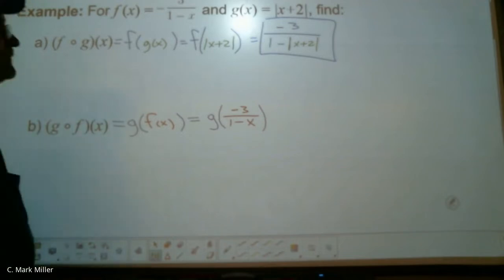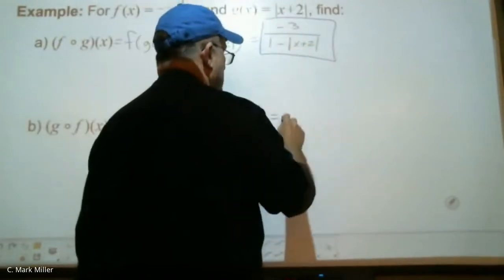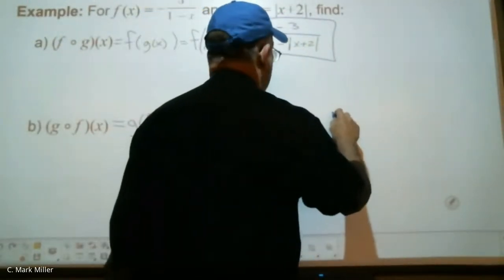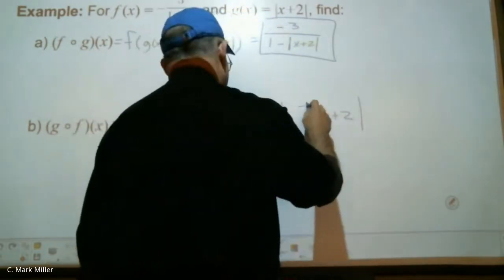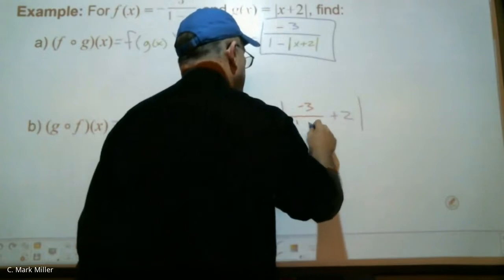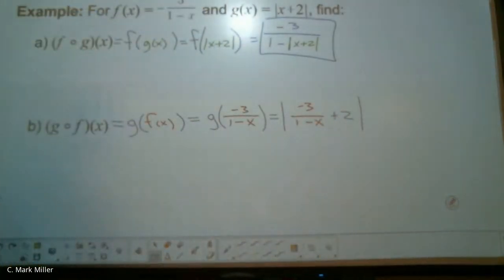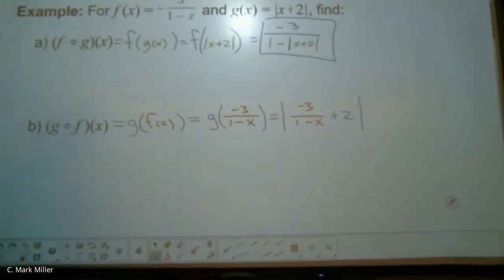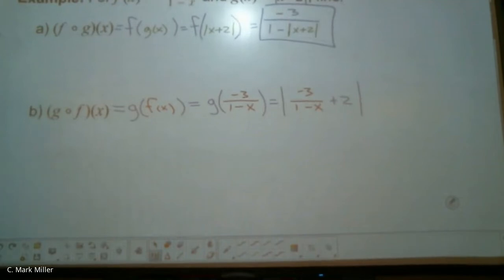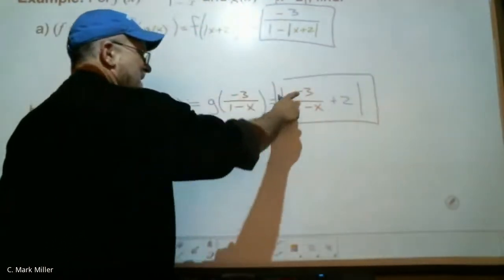We got one more, maybe 2. This is going to be g is this absolute value. I'll bet if you saw this in a book somewhere, this would be fine for me, right? But you see that negative sign?